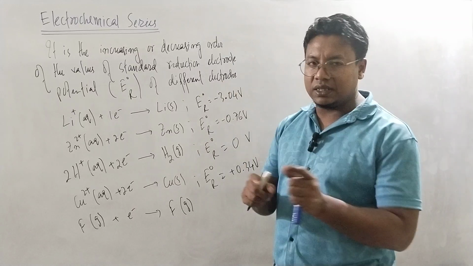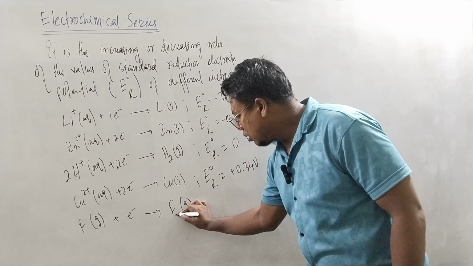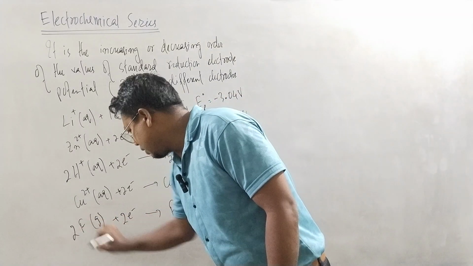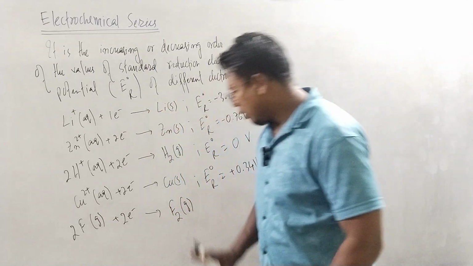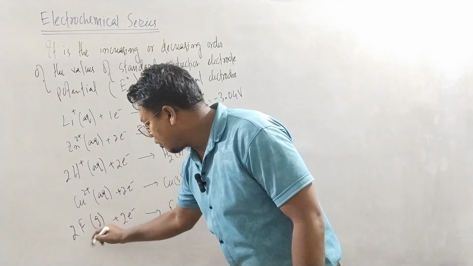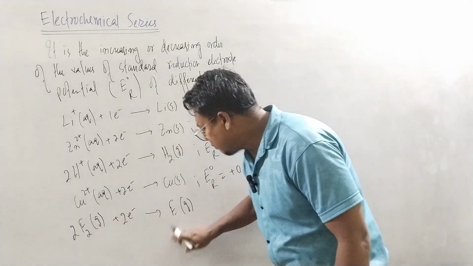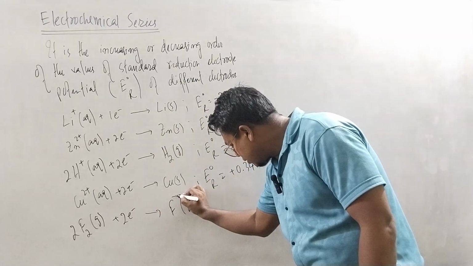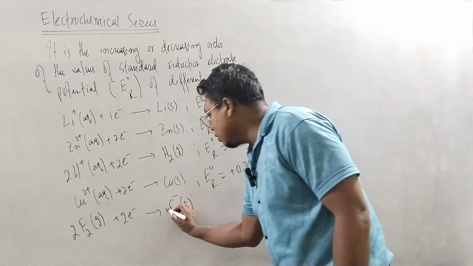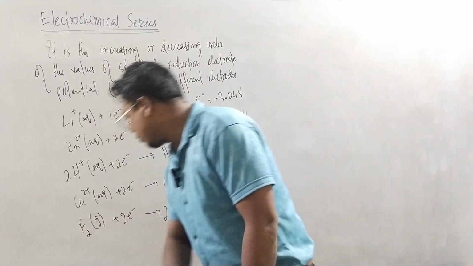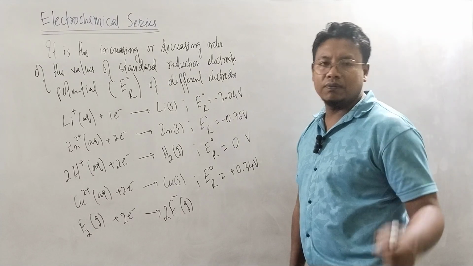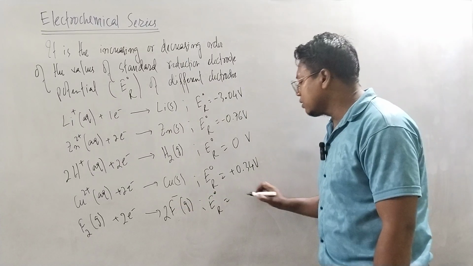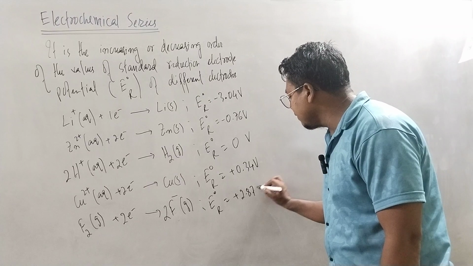Again, fluorine exists in molecular state, so let me write F2 here and 2 here. Oh, I'm sorry, this reaction is wrong. This is the fluorine atom, so I must write 2 over here, and after gaining 1 electron, the fluorine atom must be converted into F minus. So here 2 must be written, not here. Okay, this is the reaction for the fluorine electrode, and the reduction electrode potential for the fluorine electrode is plus 2.87 volt.